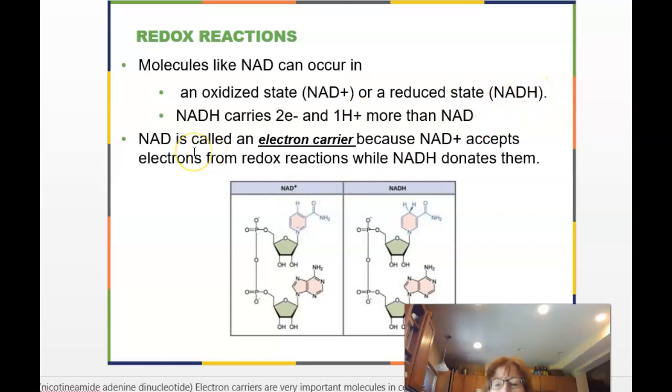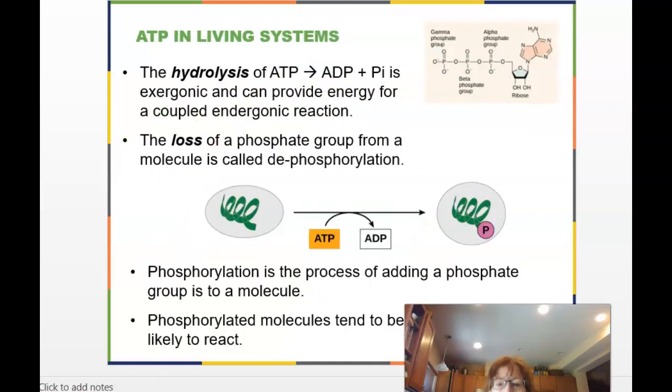So NAD is an electron carrier because NAD plus is going to accept electrons from these different reactions that are taking electrons from some substance. And then NADH has the capability of giving electrons. So it just is an intermediate thing within these different reactions. So here's an example.